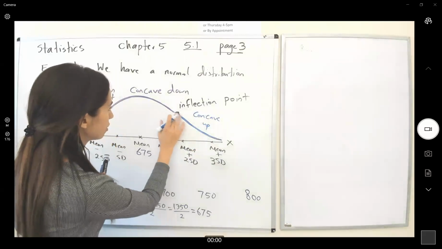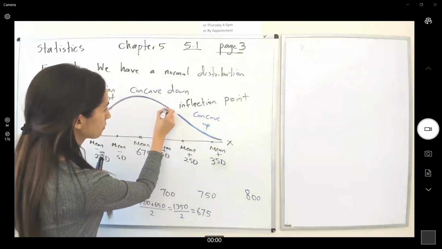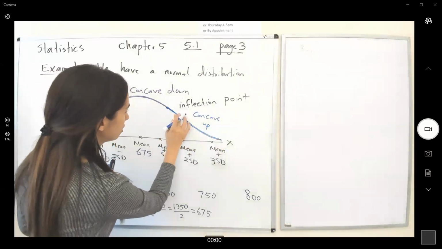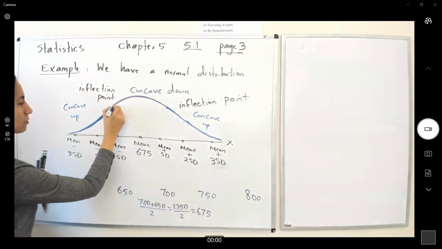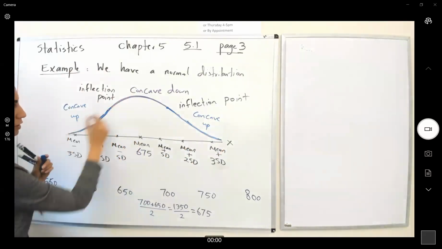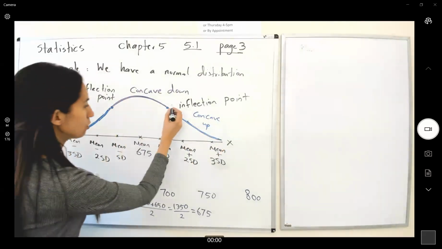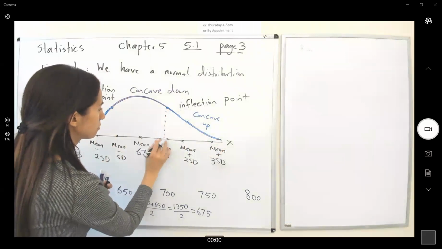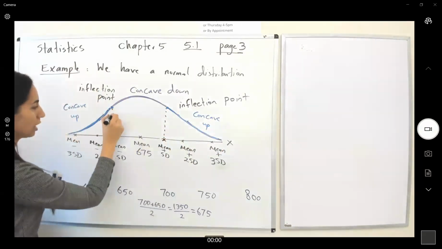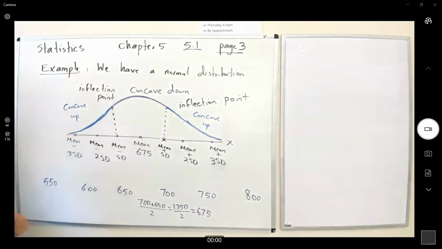Let's just move this color a little bit here to match our inflection points. Okay, perfect. So mean plus 1 standard deviation and mean minus 1 standard deviation.